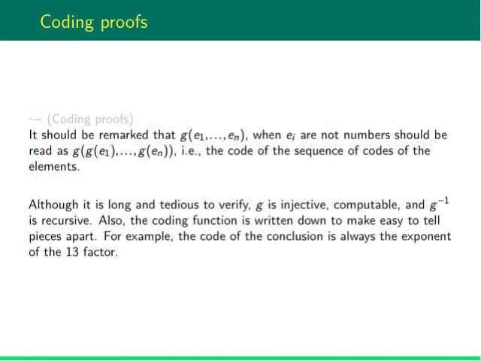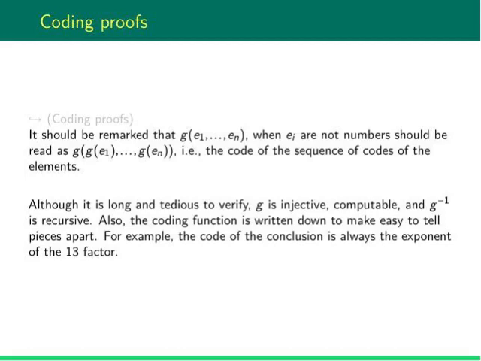Actually, we slightly relaxed the notation, allowing us to code sequences of elements rather than sequences of naturals only. As one should expect, the previous characteristics of the coding function are still present.